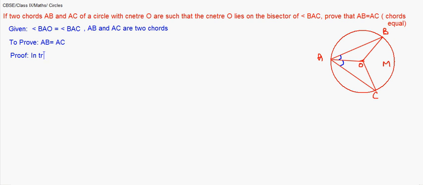Let us start the proof here. In triangle AOB and triangle AOC, it's quite visible that OA is equal to OA. That means OA is common.